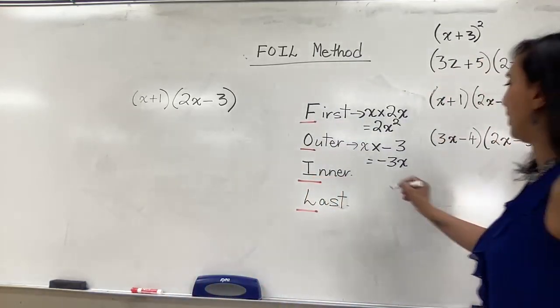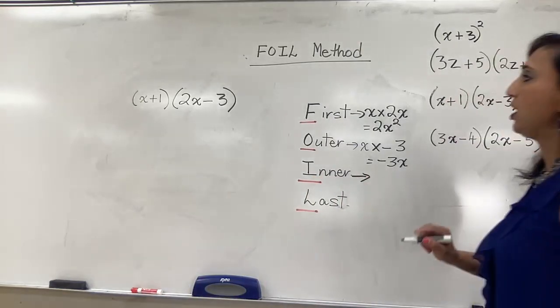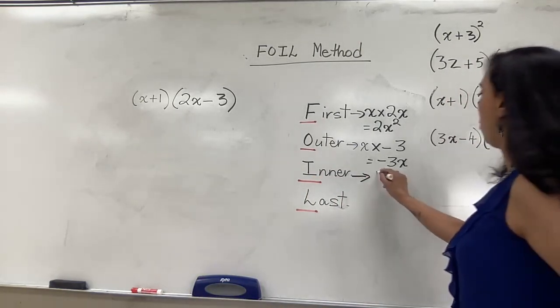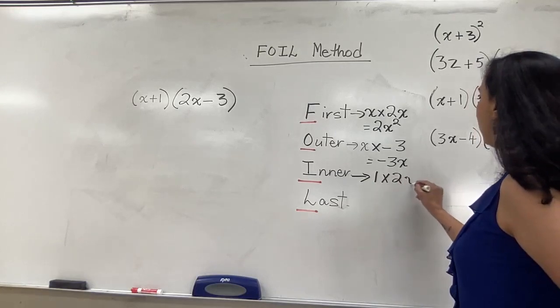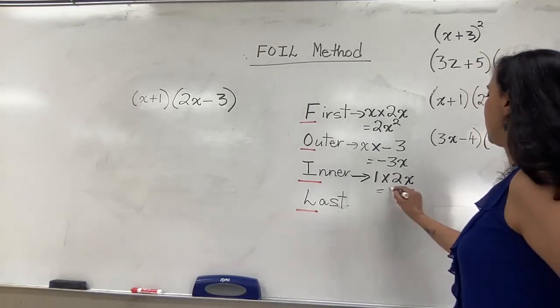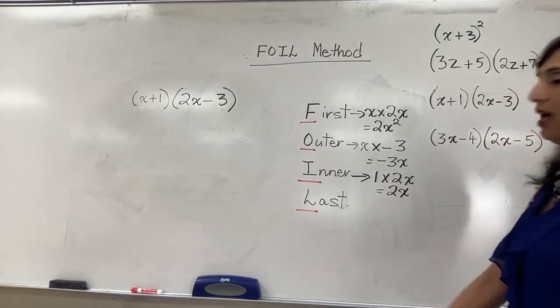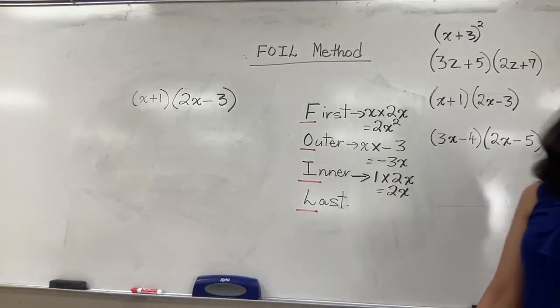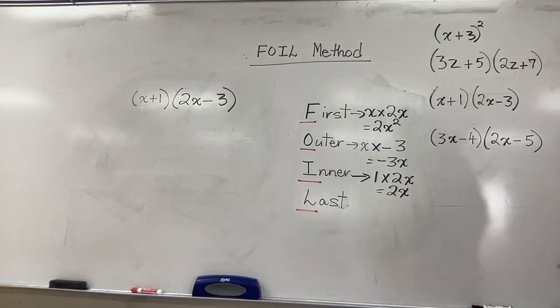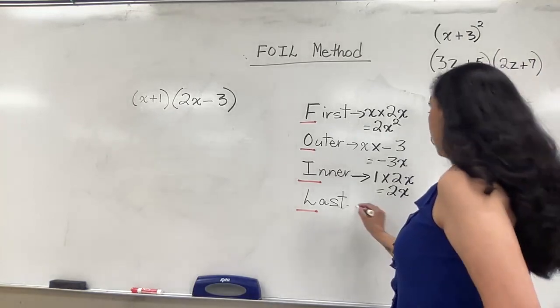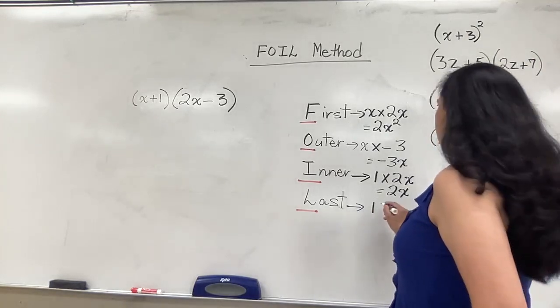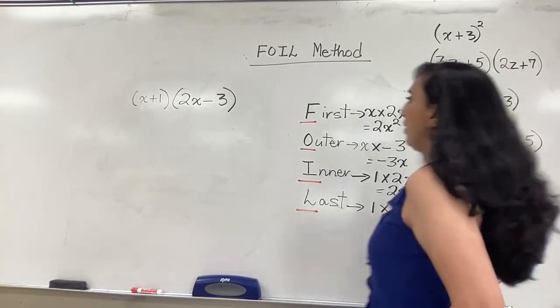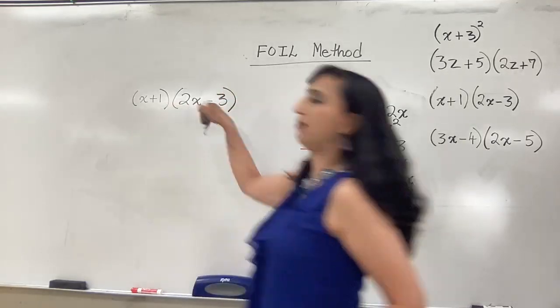Okay, then let's look at the inner. In inner, I have 1 times 2x, and any number times 1 is the number itself. So I get 2x. All right, and then the last one is 1 times negative 3.